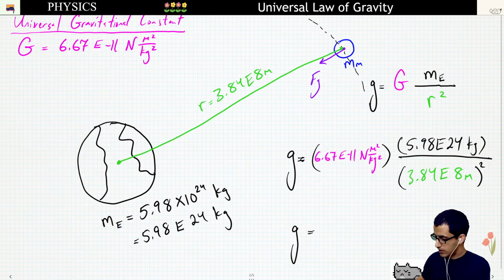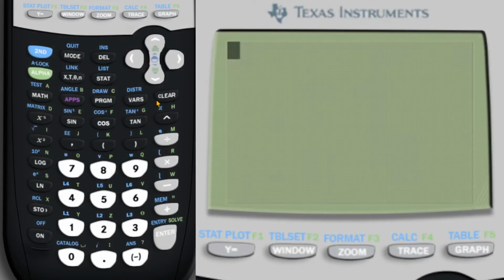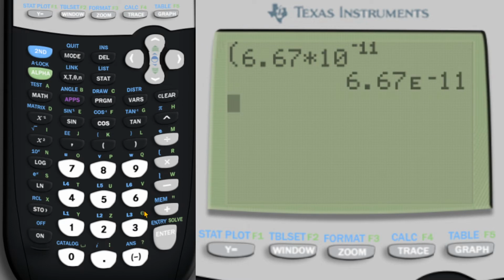So let's do that calculation. We have parentheses 6.67, and then I could do this like it's times 10 raised to the power negative 11 and get this value. You see the calculator types it out in this format anyway, so it's a lot easier to do that. I can write 6.67, and then to type in that E value, I go second E negative 11.